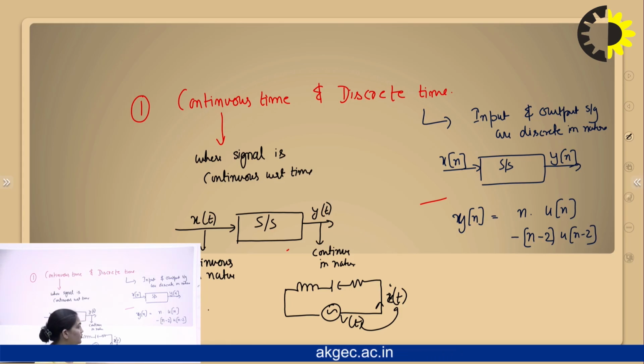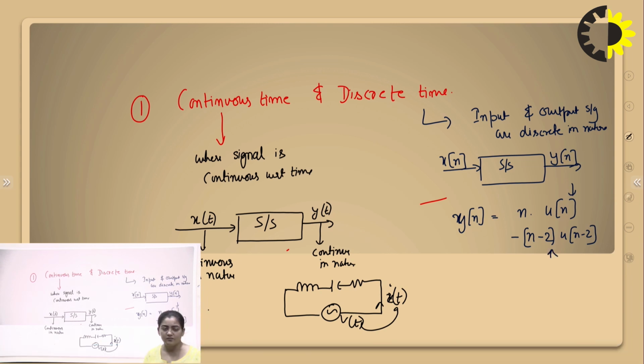What does the system do? The input is u(n) and the output is y(n), and the system multiplies it with n, its counterpart, and then subtracts the shifted term. This is a kind of discrete time system. Moving to the next part, that is causal and non-causal systems.